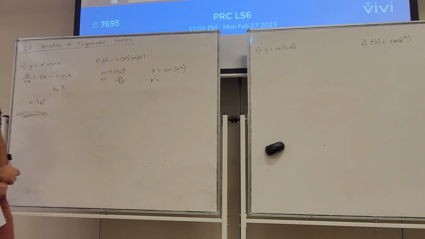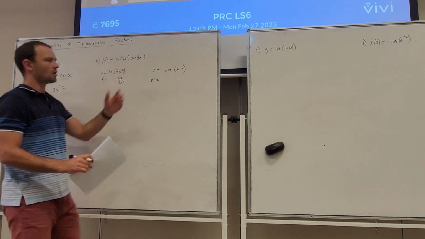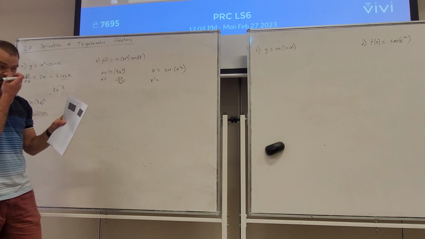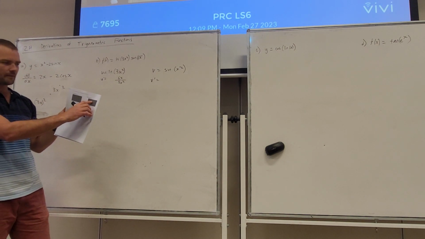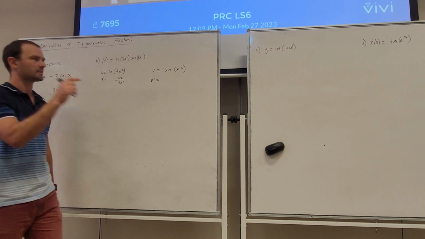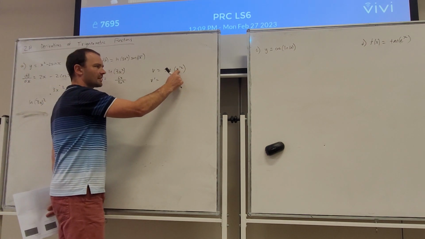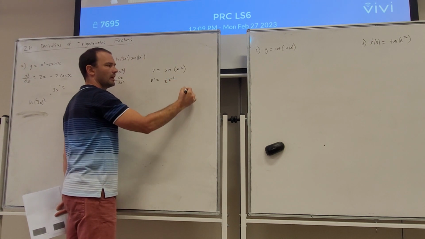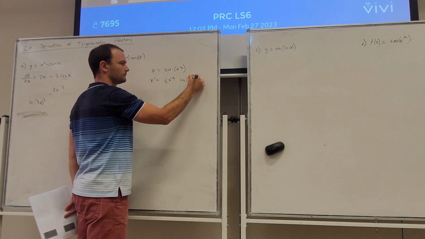This is where we're learning the skills today. We have a composite trig function because it's sine of some function of x. And so we're looking at the first rule on the right side. Sine of f of x goes to f dash of x times cos of f of x. So when we differentiate x to the half, we'll have half x to the minus half, and then cos of f of x.